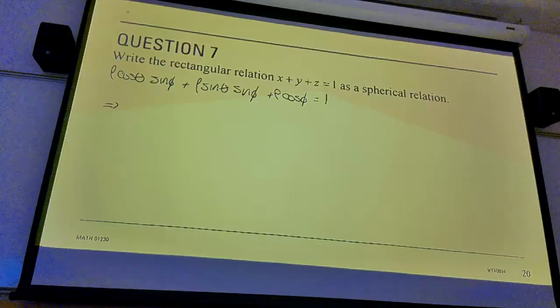Can you figure it out? Factor what out? The rho sine thing. So how's that going to help? If you do that, because you're right, you can, but is that going to help us? We'll work with this.